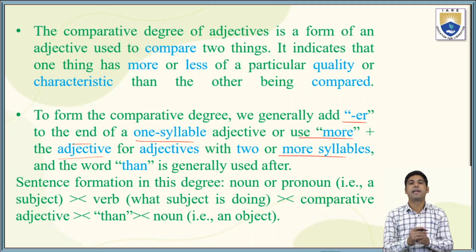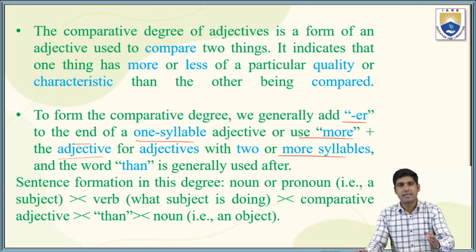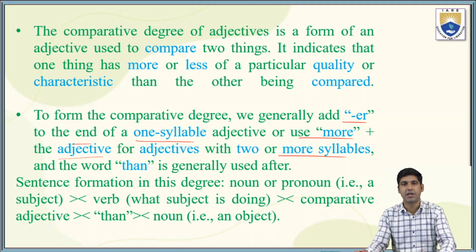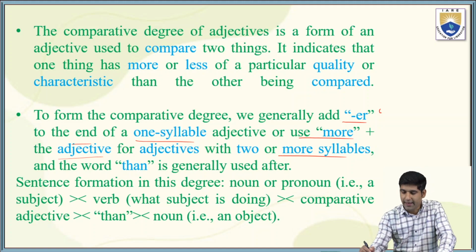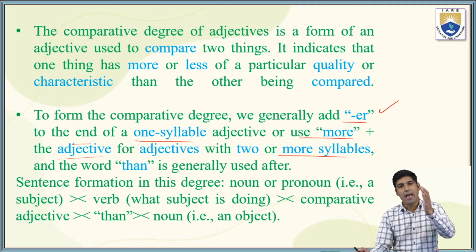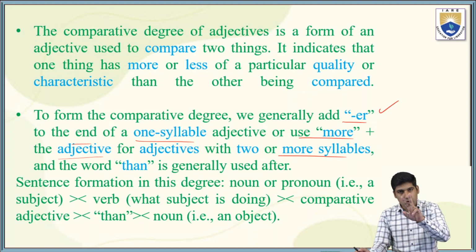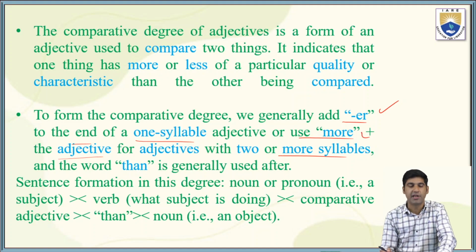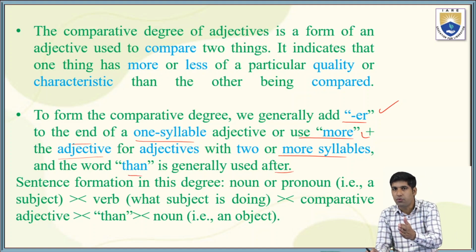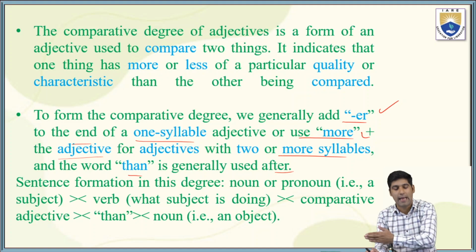If we have an adjective which has one syllable, a monosyllabic adjective, how can we make its comparative form? By adding -er. If we have an adjective with two or more syllables, we add more before that adjective. And then the word than is generally used after this second form.